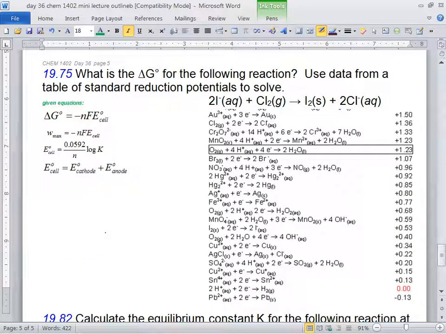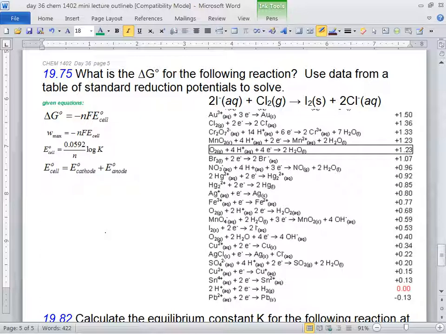What is the standard change in Gibbs energy for the following reaction? Isn't that how we used to get delta G0? We used different tables. It was really easy. We just look up delta G for the products minus delta G for the reactants. But the homework now is saying you can't use that table.